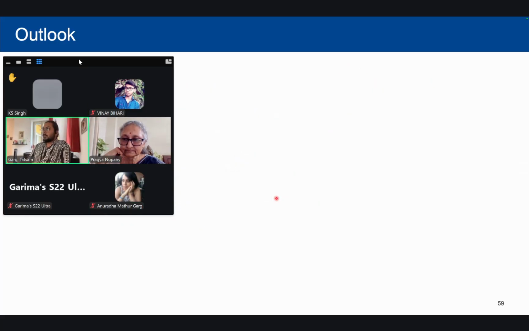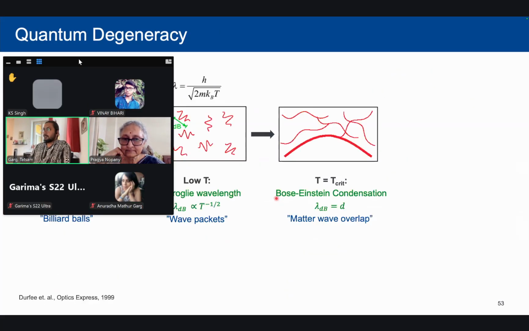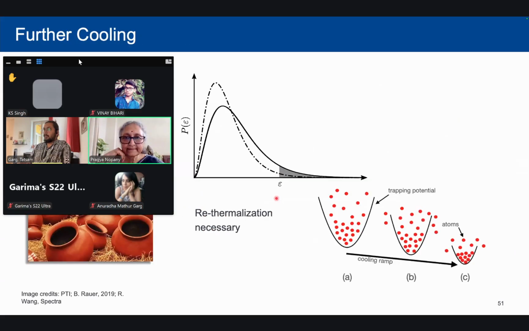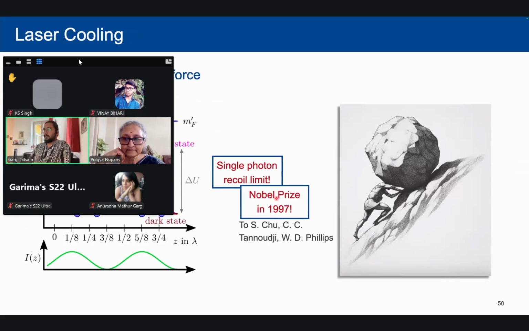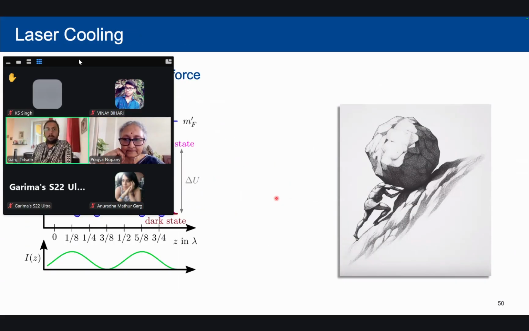Okay, can you still see my screen? Yes. So laser cooling, the best we could do was this picture, where we were climbing the hill. At some point, your atom will be climbing the hill and then scatter a photon when it's at the top.